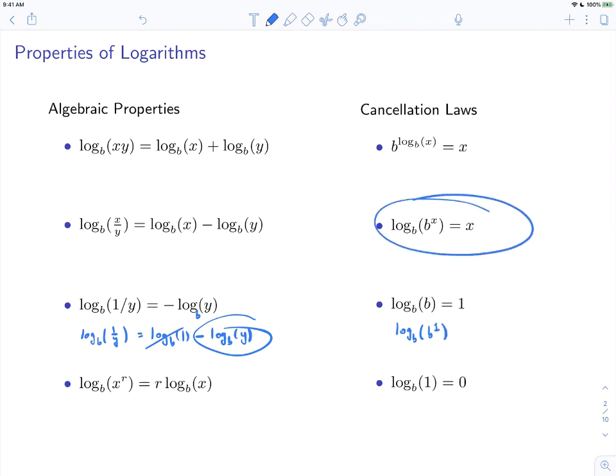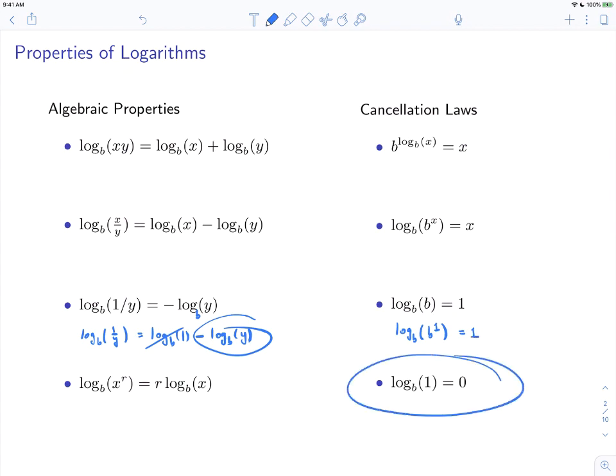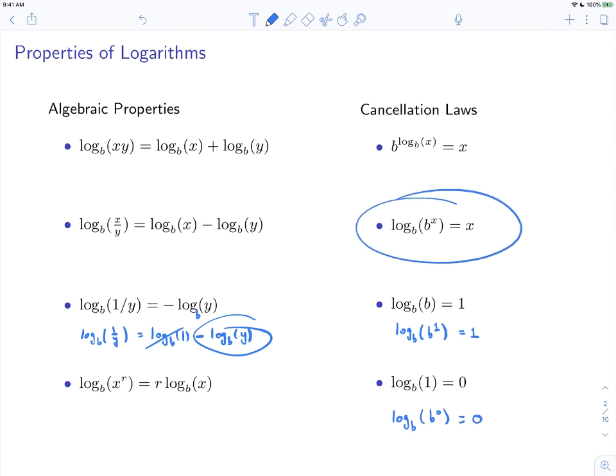So just using the previous with x equal to 1 will give you 1. The same is true of the last property we have written here. That's why these are written underneath the cancellation laws, because they're a special case of the cancellation law. Log base b of 1 is the same as log base b of b to the 0, which is going to be 0. So again, that's this law with x equals 0.